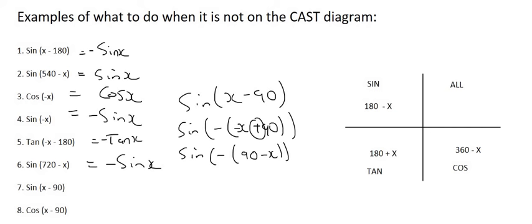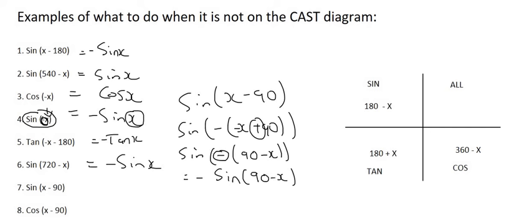Now here's where it gets a little bit weird. In number 4, we saw that the sin of minus anything just becomes the negative sin of whatever that thing was. So this negative is the same as this negative over here. So we know that the answer is going to end up with a negative in the front, and then what we're going to be left with on the inside is whatever came after that negative, which in our case is the 90 minus x.